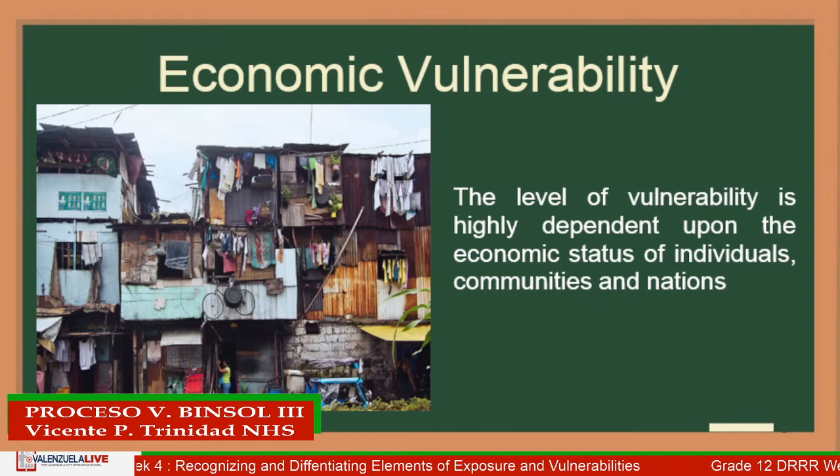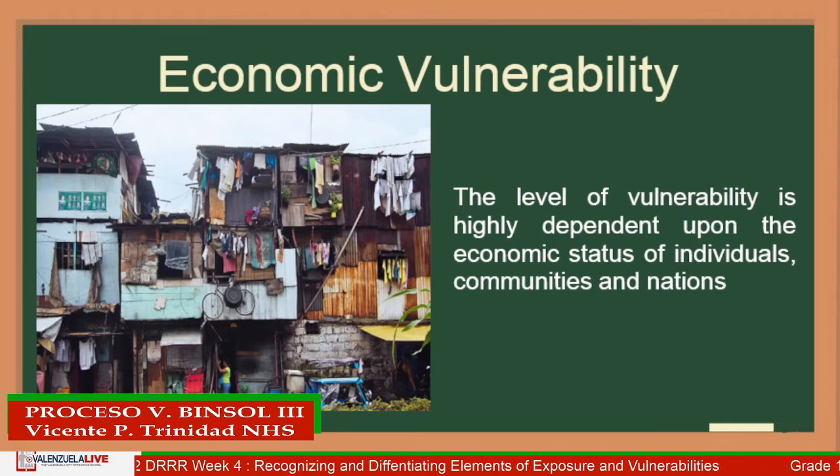Another definition for economic vulnerability, it is based on the economic status of individuals, communities, and nations. The poorer the country, the more vulnerable to disasters. Why do you think so? This is because they lack the funds or budgets to build sturdy structures and put other engineering measures in place which protect them from being affected by disasters.